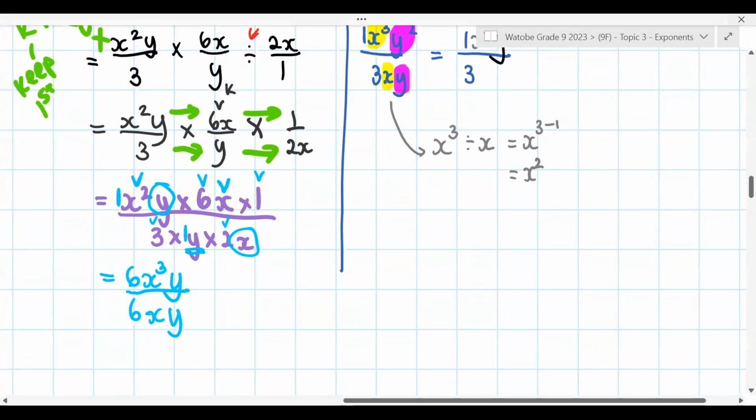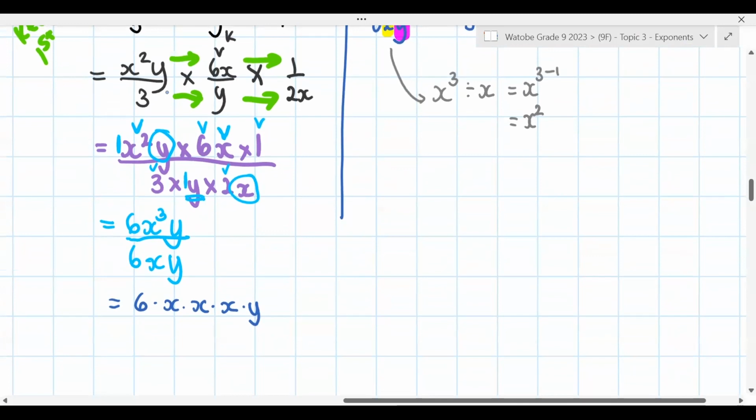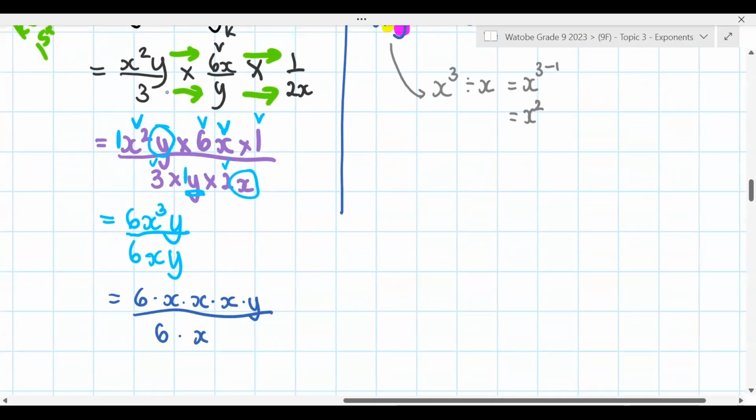Now we always double check, guys. We always see if we can simplify. And this time what I'll do is I'll expand so that we can see what we're working with. So 6x cubed is 6 times x times x times y, all over 6 times x times y. I can cross cancel what's common. So 1x in the top, 1x at the bottom, 1y at the top, 1y at the bottom, and the 6 at the top and the 6 at the bottom.